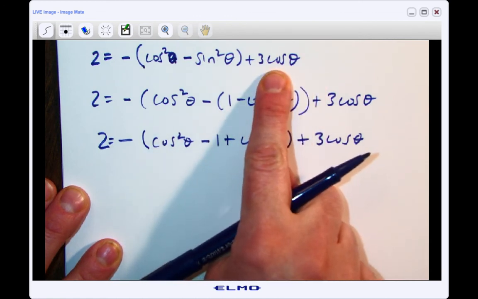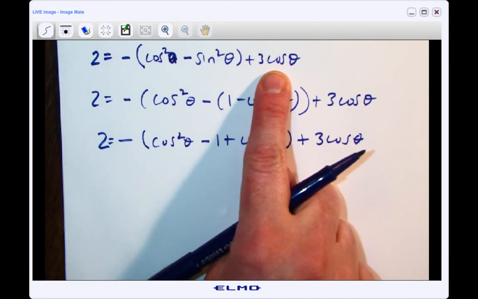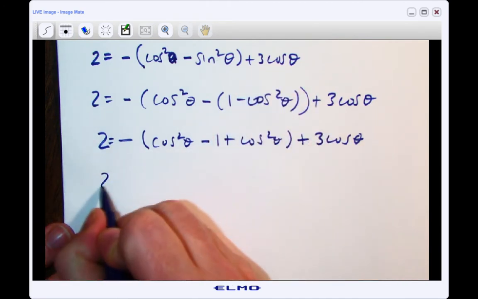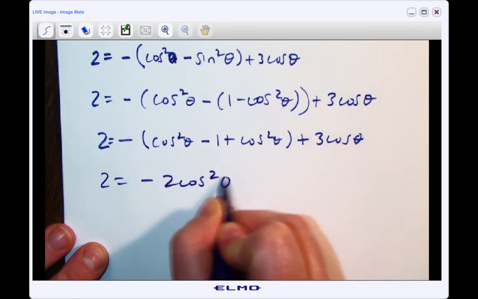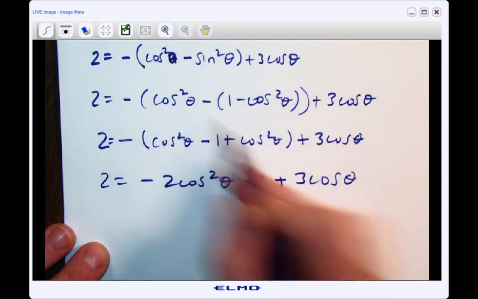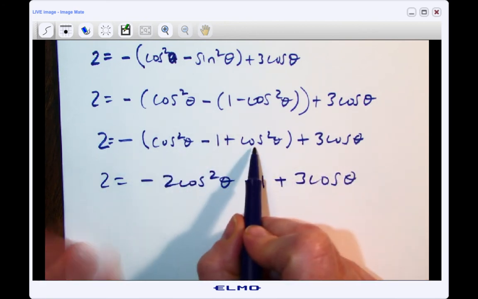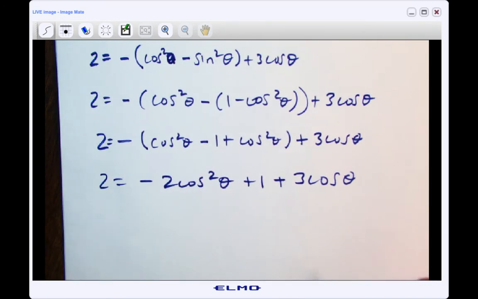And you probably did, because this is one that you wouldn't want to change. So you probably knew that you wanted it all in cosines. Okay? So I distributed this negative at the same time. So this would have been a positive 2 cosine, so it became negative, and the 1 became positive.